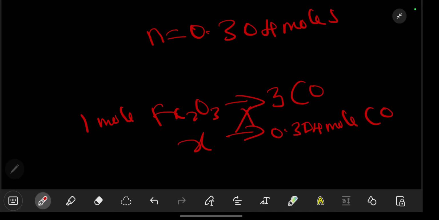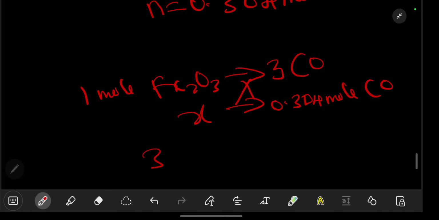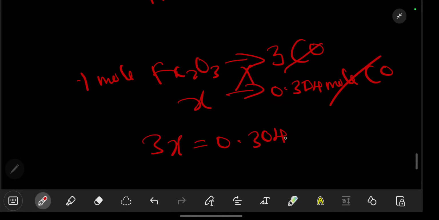Here you don't know, so you're going to cross multiply. We have 3 times x, it will be 3x, and 1 times this will just be 0.304 moles of our Fe2O3.